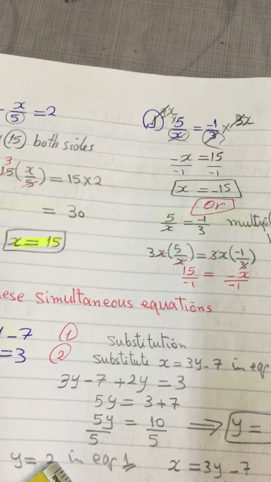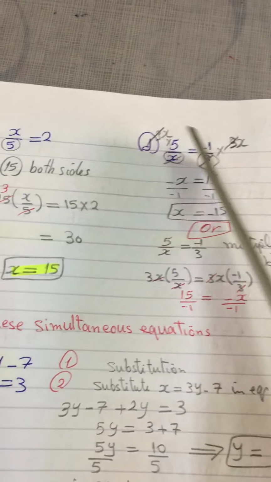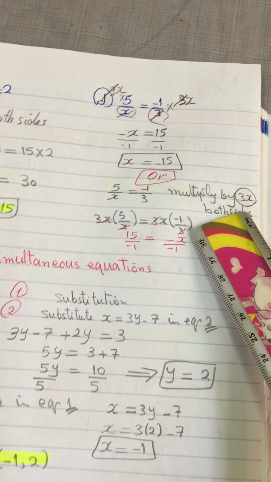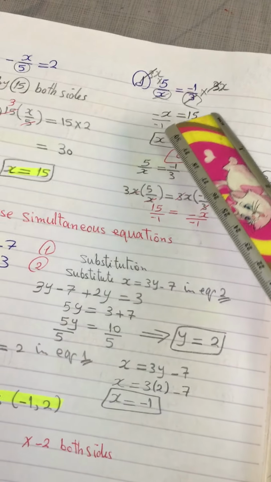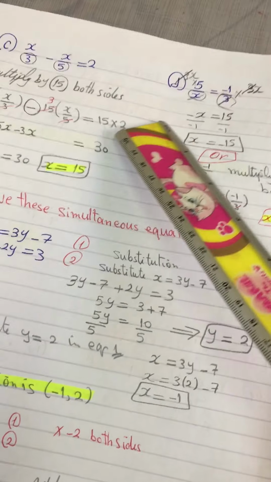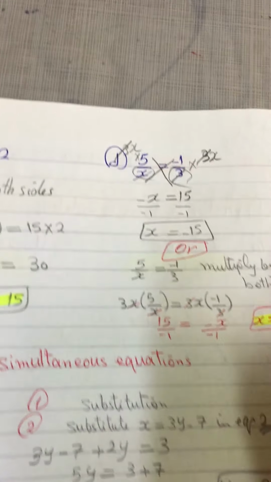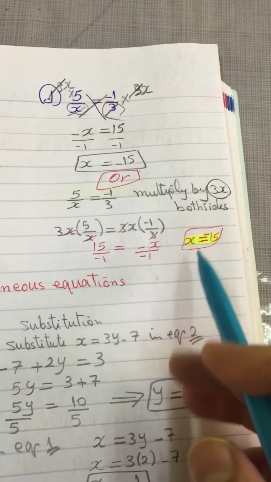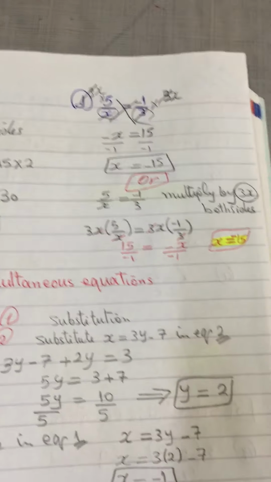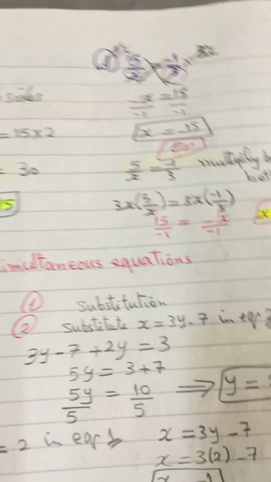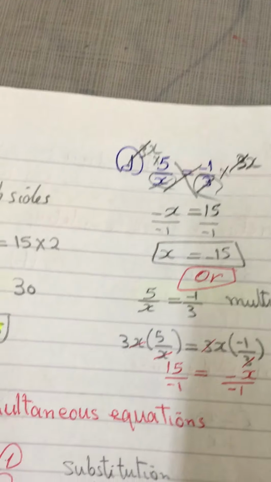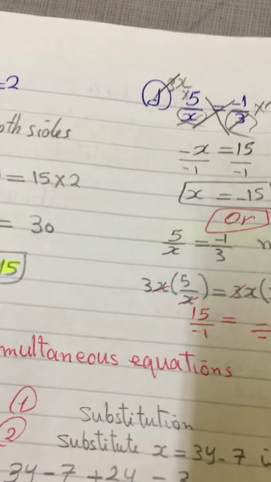Okay. We can use cross multiplication or multiply by 3x. Here I solved it by just cross multiplication, like this. And I give you the other way, multiply by 3x both sides. Let me erase it. I forgot that I explained the two ways.